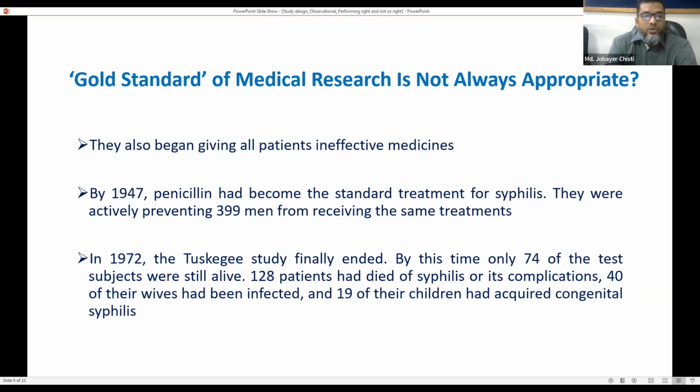In 1972, the Tuskegee studies finally ended. By this time, only 74 of the study subjects were still alive, and 128 patients had died of syphilis or its complications. And 19 of their children had acquired congenital syphilis.